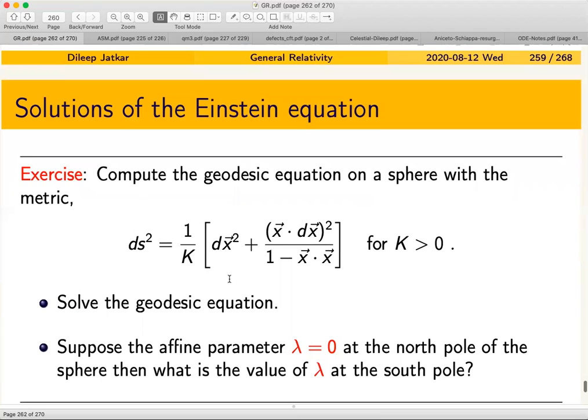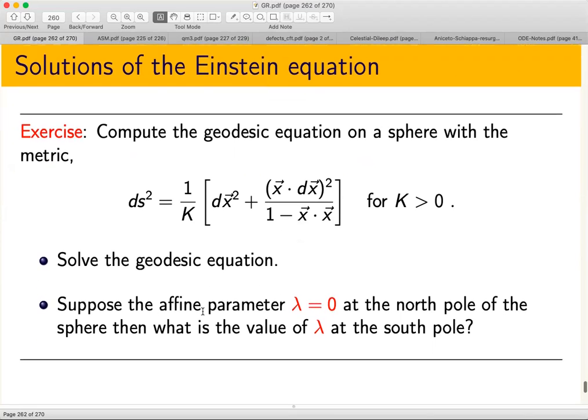We in fact know how the geodesics are going to look. But written in this particular format, it looks like a slightly different set of variables. Use this and try to set up the geodesic equation and solve it.